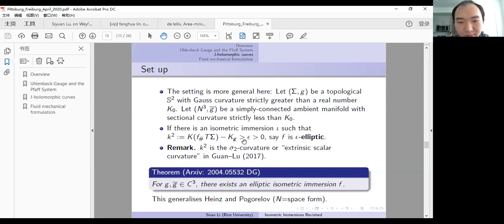Yes, the calibration will give us that if we can have an L infinity bound on H, then it implies the existence of an isometric immersion. So I use it there. It's hidden in this Schwarz lemma.